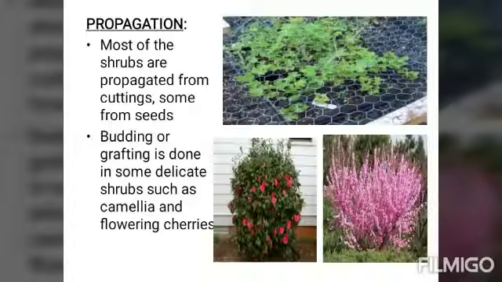Then here is one example of delicate shrubs, camellia, and the last is flowering cherries, where the propagation done is budding or grafting.